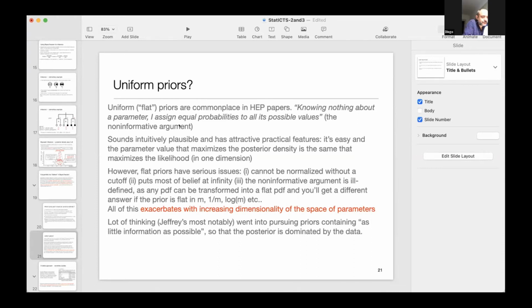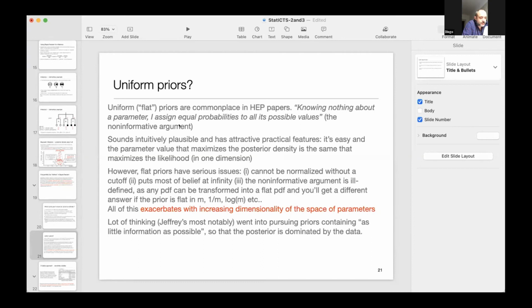Yeah. One of the reasons why uniform priors are so popular is that in one dimension, a Bayesian inference based on the uniform prior and the frequentist inference based on maximum likelihood give the same results.